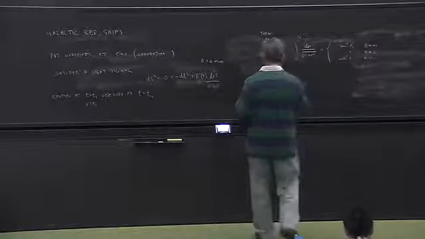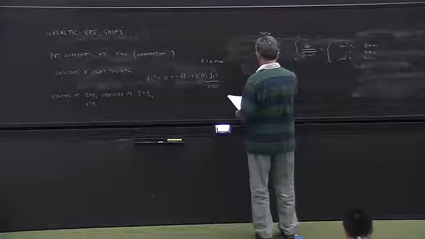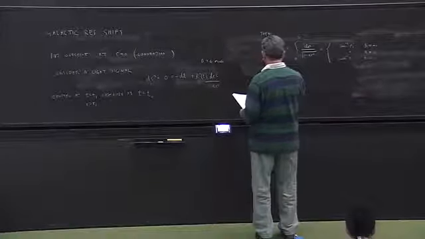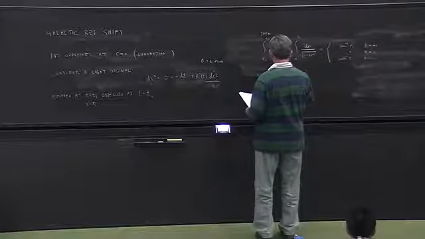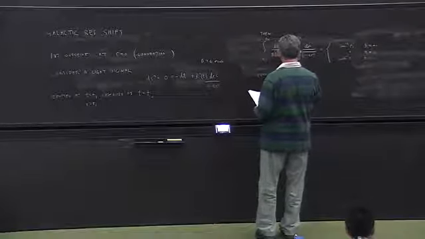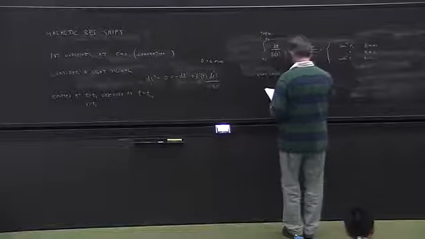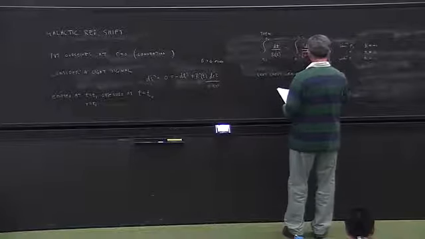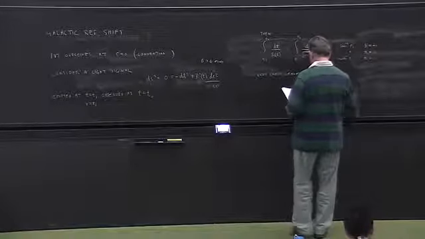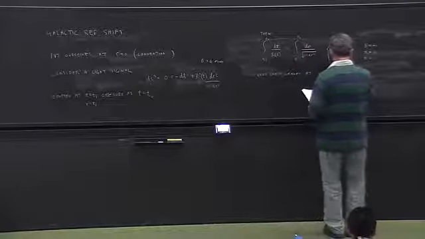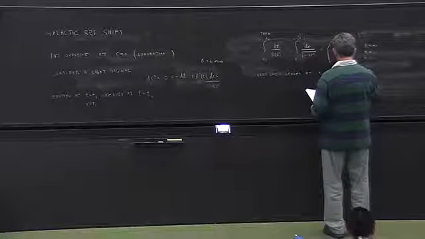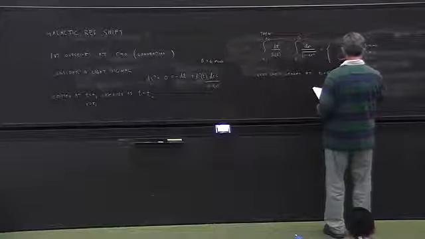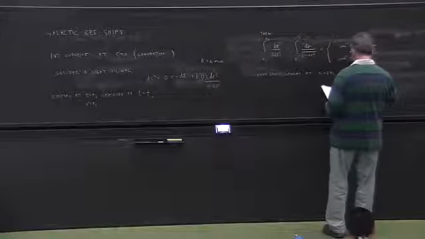Now the next crest leaves at t1 plus delta t1 and arrives at t0 plus delta t0.